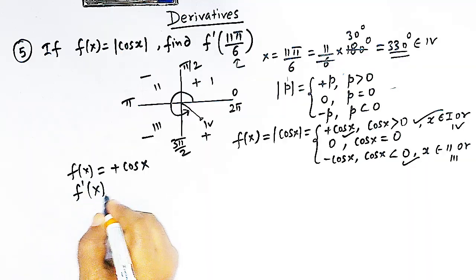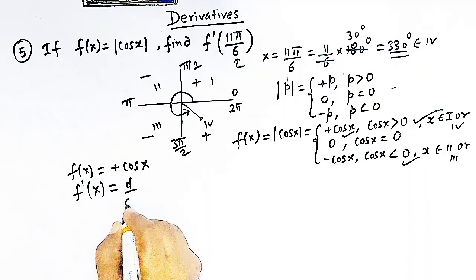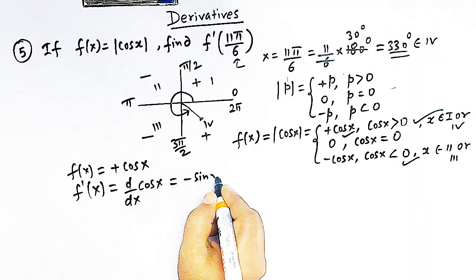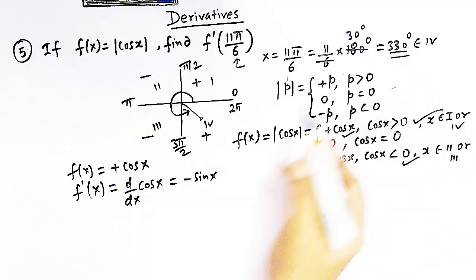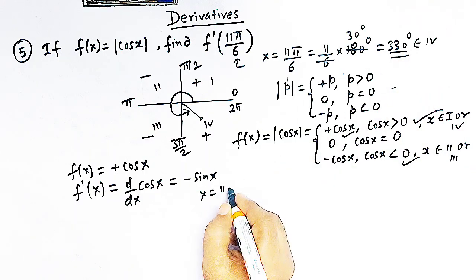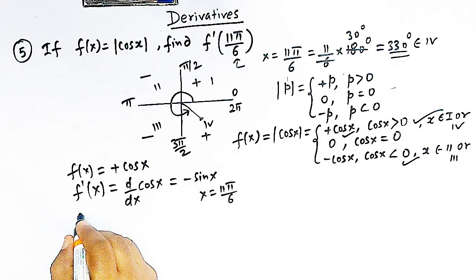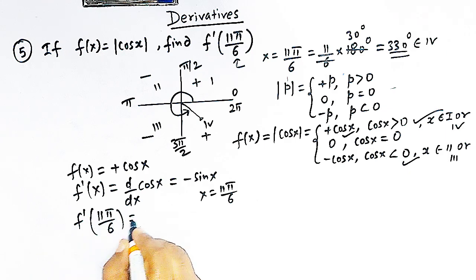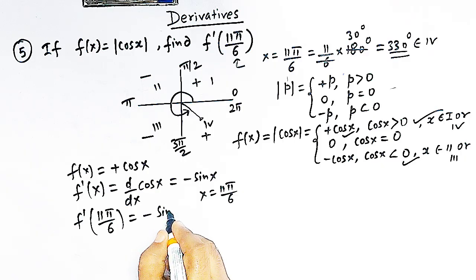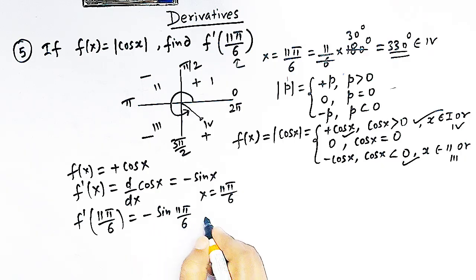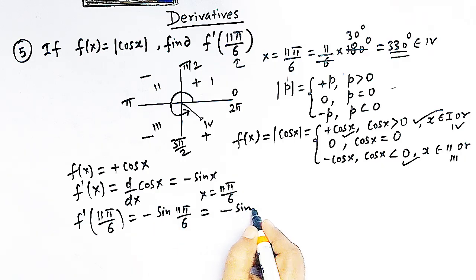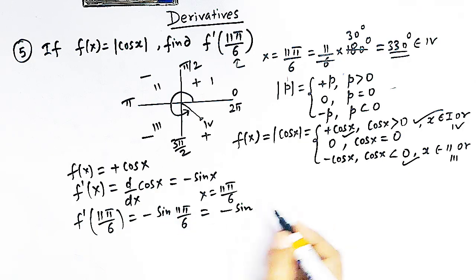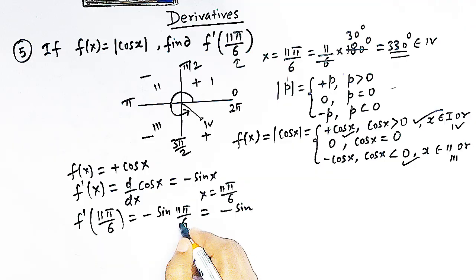So f prime of x is equal to d by dx of cosine x, that is negative of sine x. So at this point, that is x is equal to 11 pi over 6, we have f prime of 11 pi over 6 equal to minus sine 11 pi over 6. Now let us find out the value of sine 11 pi over 6 by splitting this angle.